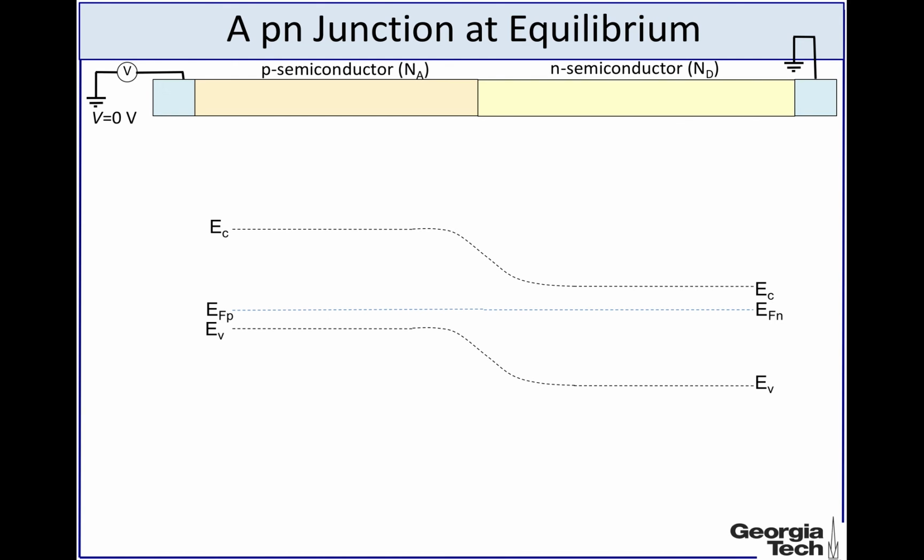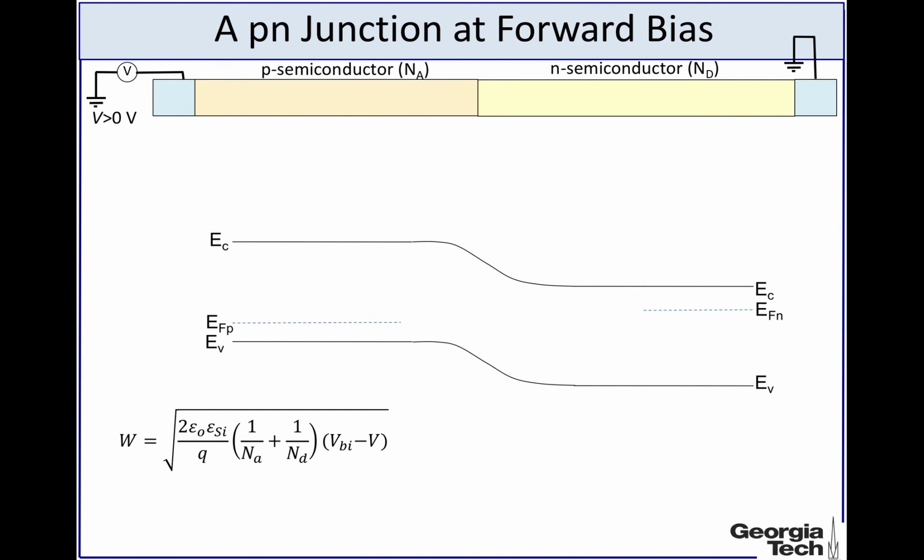So again, this is the p-n junction band diagram for zero applied voltage in equilibrium, and if we apply a positive voltage to the p side, forward bias it, the Fermi levels will no longer line up. There will be a difference between the Fermi levels on the two sides, and this difference is equal to QV, where V is the applied voltage.